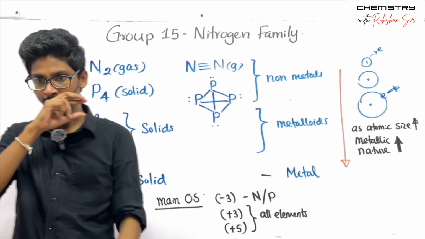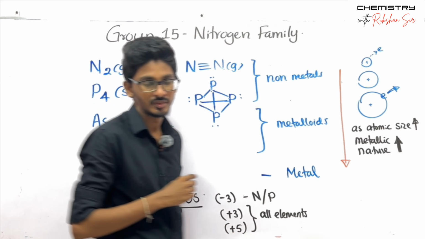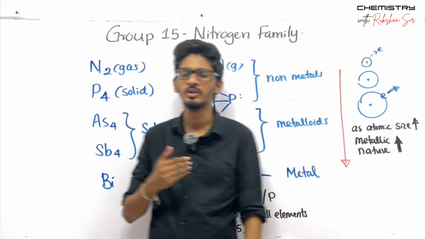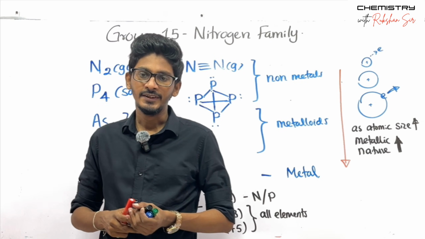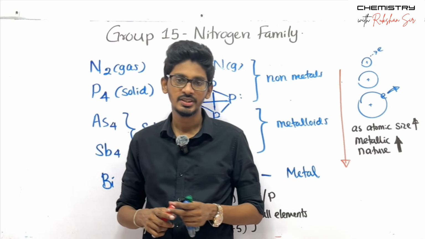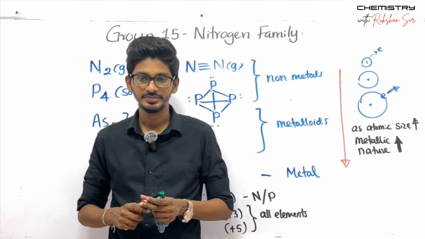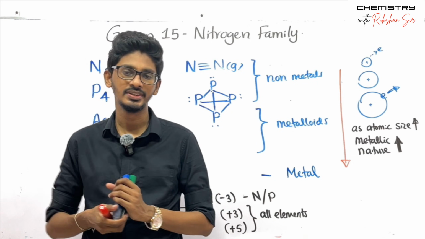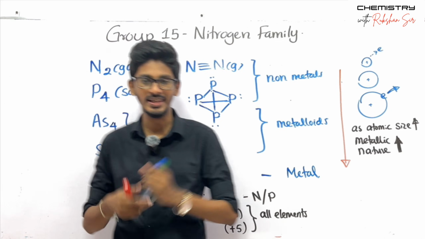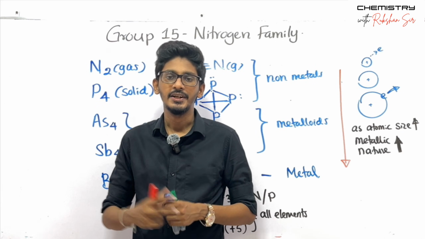When it comes to the bottom element of any group, that element rarely shows the greatest oxidation state available for the group. Get that idea. This applies to the last element of any p block group.